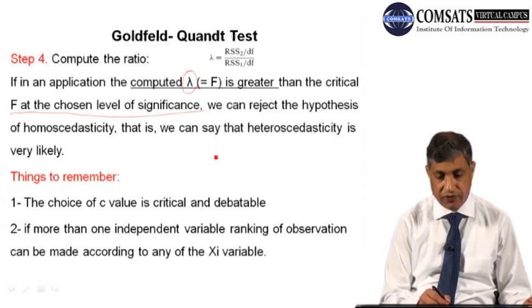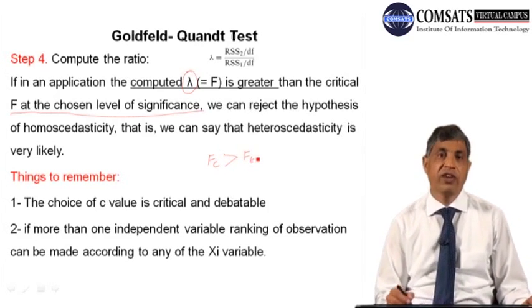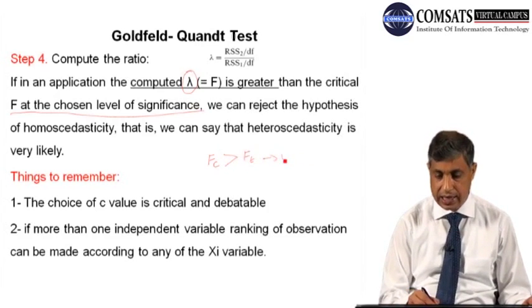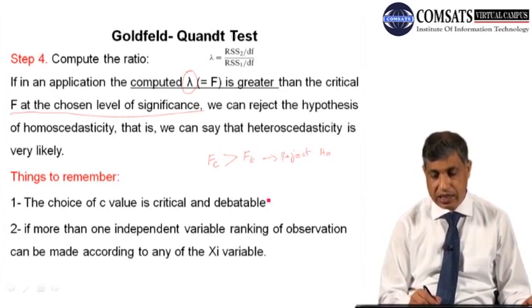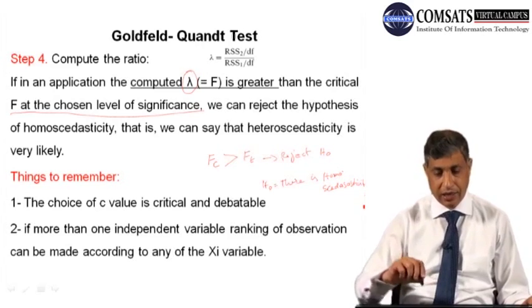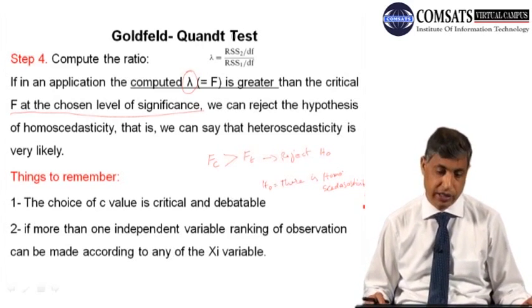For example, if this lambda, now I will call it F calculated, is greater than F tabulated, we will reject H naught. And what is H naught? H naught is that there is homoscedasticity, or otherwise I can say that there is no heteroscedasticity.